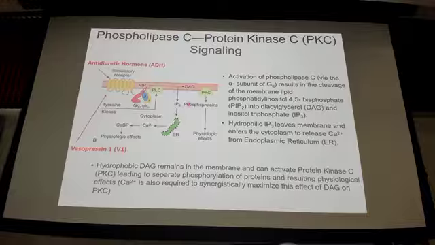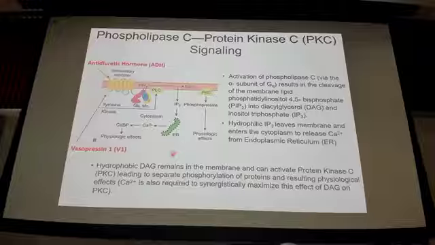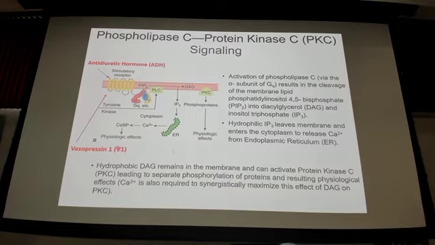Inositol triphosphate, IP3, leaves the cell membrane, goes into the cytosol, and causes the endoplasmic reticulum to release calcium. Calcium release will cause a cascade of events that leads to a specific physiological effect. Also, DAG will activate protein kinase C while still in the cell membrane, causing a cascade of events that lead to a separate set of physiological effects.